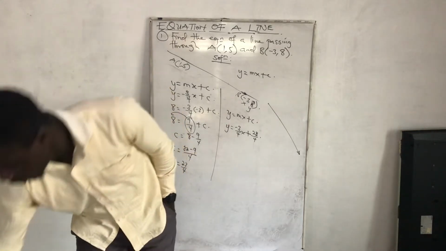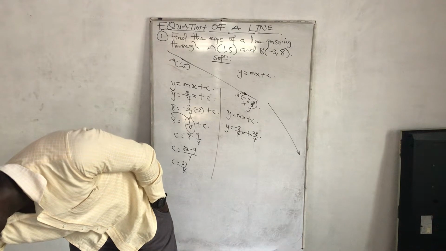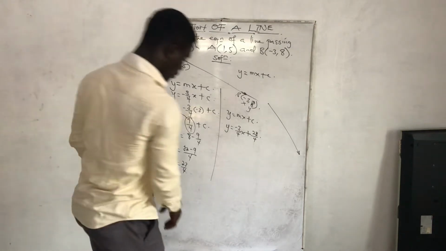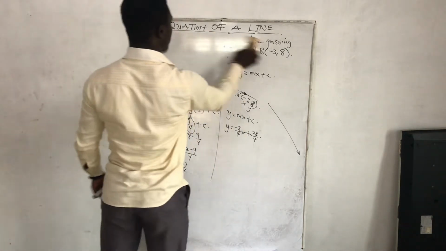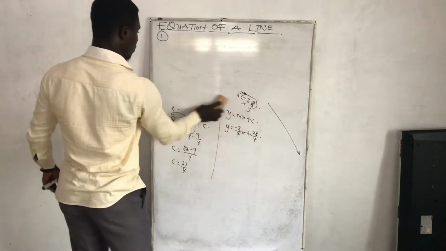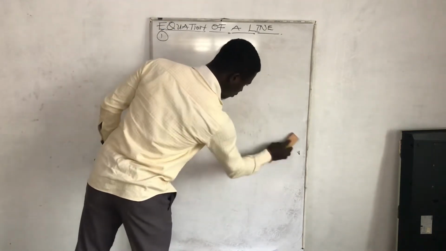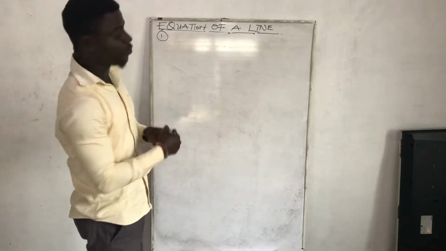So let's proceed to the next example. It says, find the equation of a straight line with gradient.